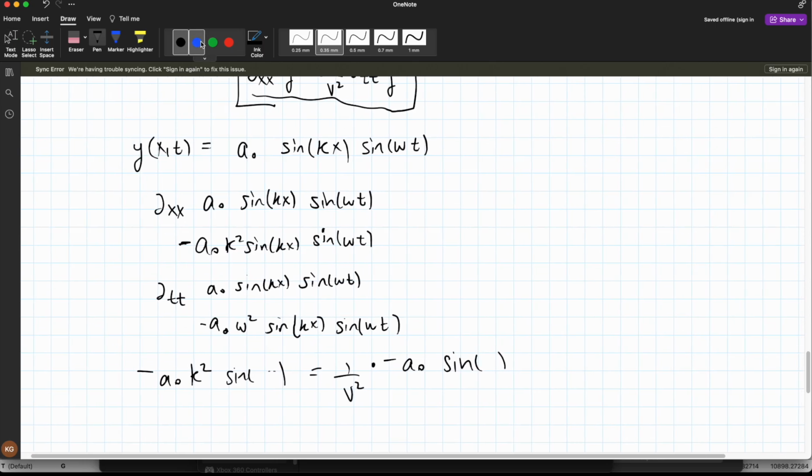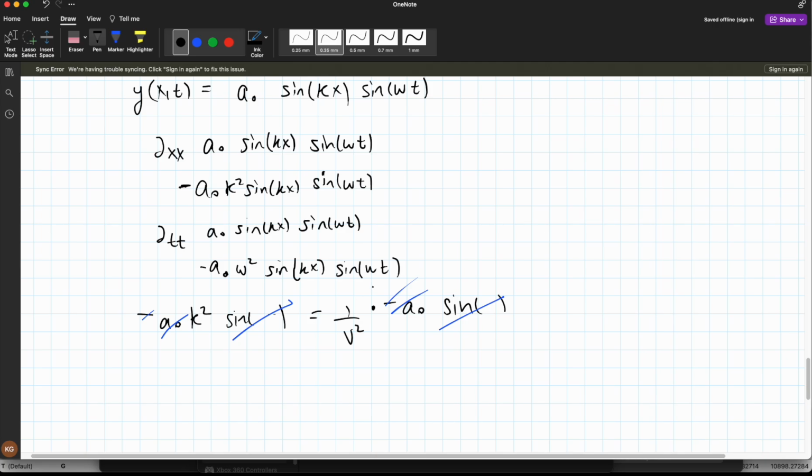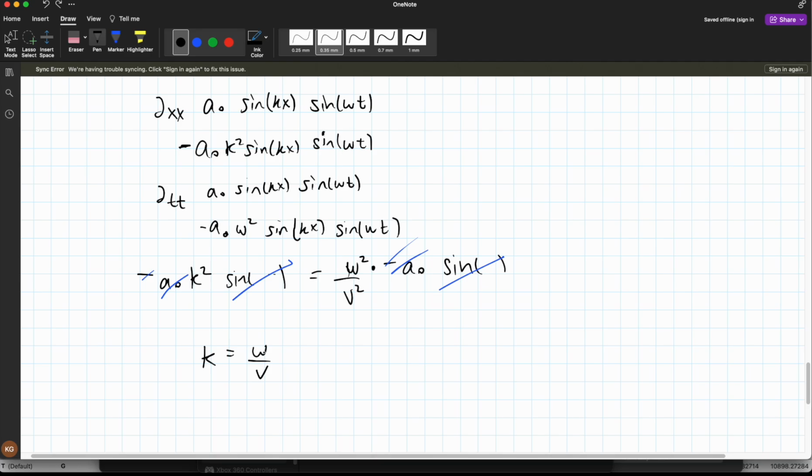And then we can see the sines cancel on each side. The a naughts cancel on each side. The minus signs cancel. I forgot to put the omega here because I love making mistakes. So what we have is k squared is equal to omega squared over v squared, and taking the square root, k equals omega over v. So if somehow k is equal to omega over v, then we have a solution.